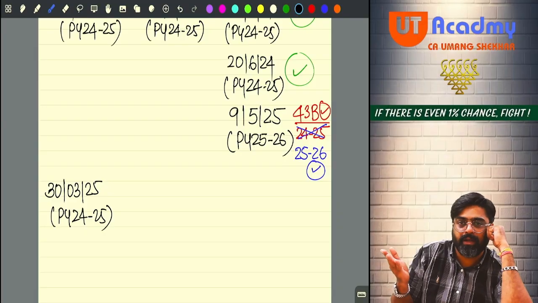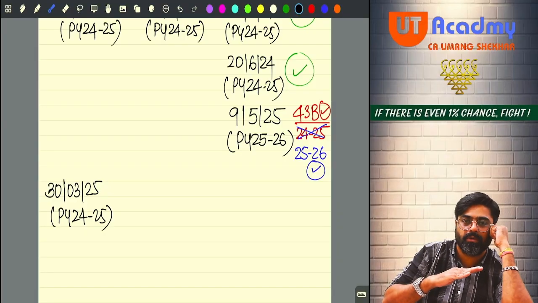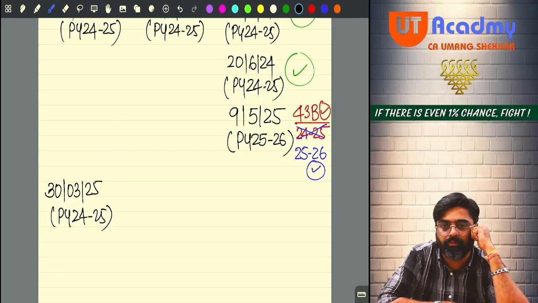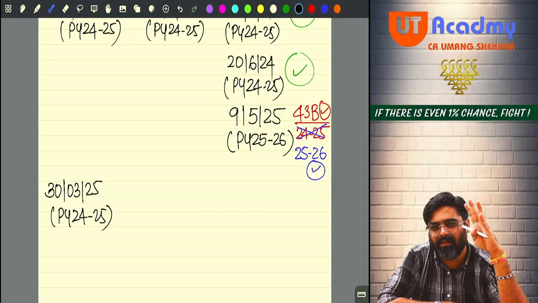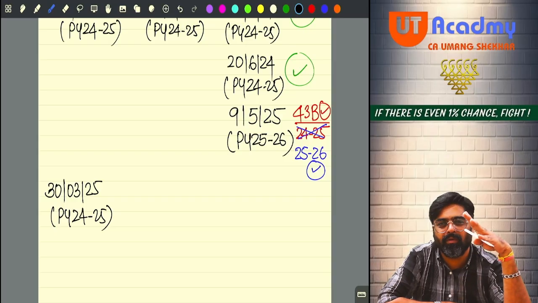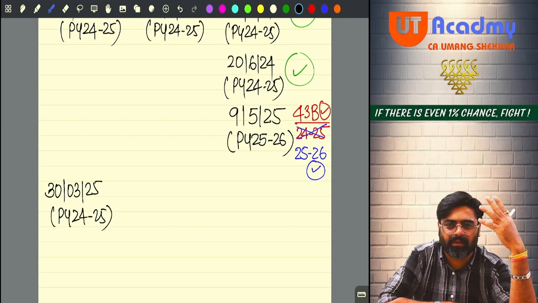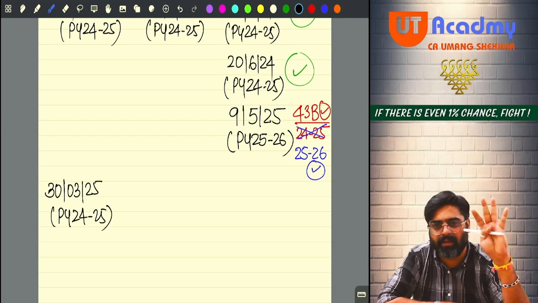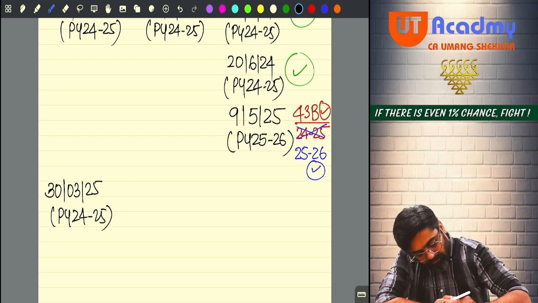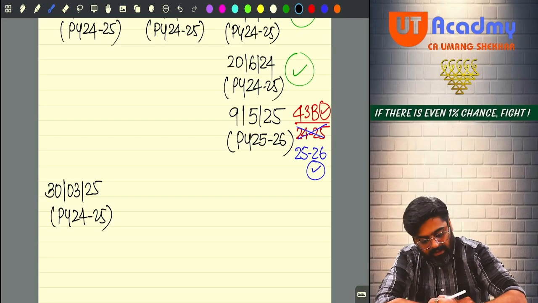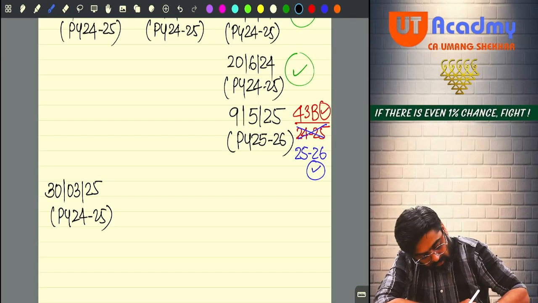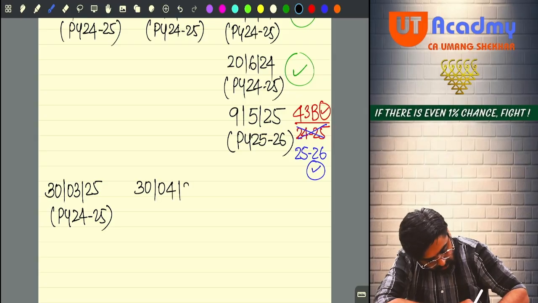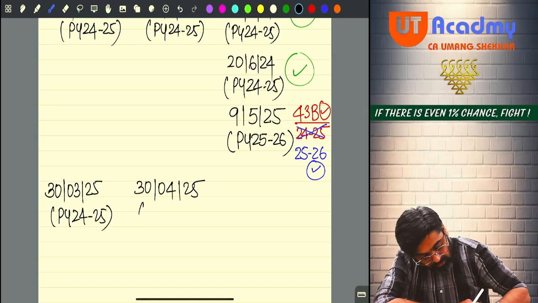So from this date, you are supposed to count the period of MSMED, section 15 period. So now say, for example, here also they are going to give you 30 days. 30 days meaning 30th April, till 30th April make the payment. So from this date, there was an agreement, and as per the agreement, you have to pay on or before 30th of April 2025, which comes in the year 25-26.